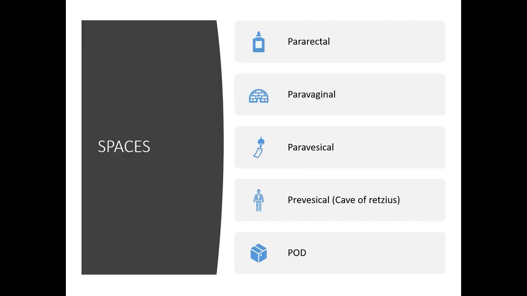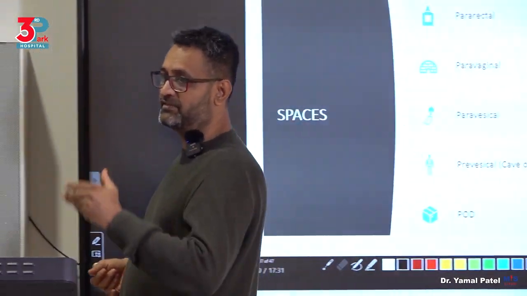So we have these spaces: pararectal in pairs, left and right; paravaginal, paravesical, left and right; prevesical, in front, single; pouch of Douglas, behind, single; and another one called retrorectal, or presacral, which is behind the rectum, single. So there are some of these that are single, and others that are paired.